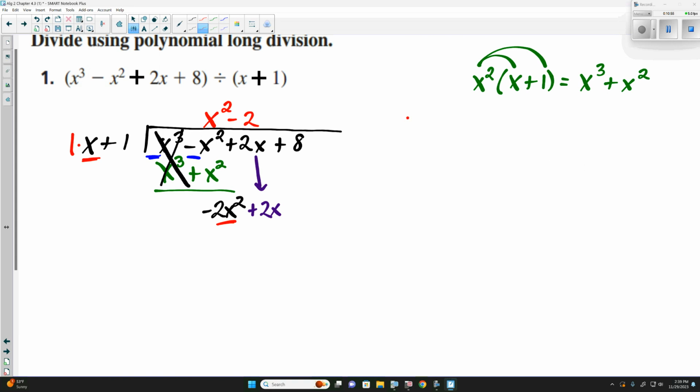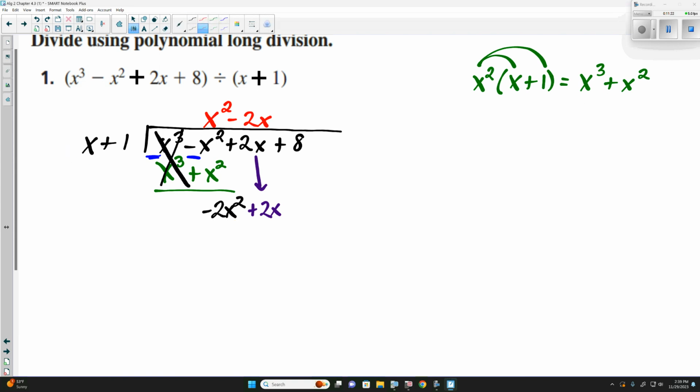So what times x is x? x. So we need x. So what we needed to multiply x by to get negative 2x squared? Negative 2x. Okay.